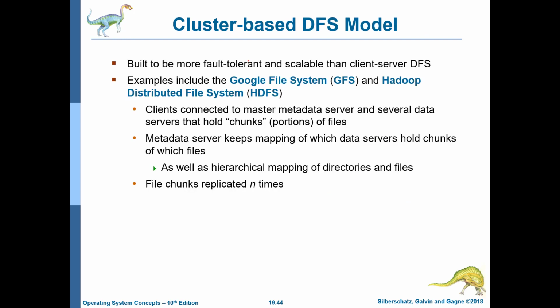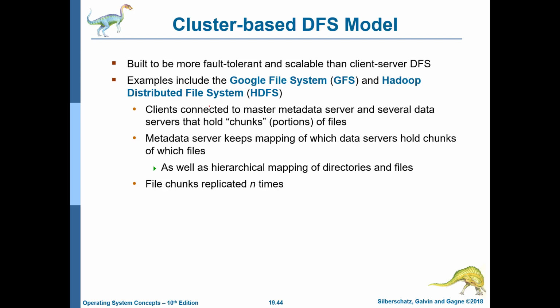So we can have a cluster-based distributed file system model, which is by design much more fault tolerant, much more scalable. So examples include the Google file system, which is of course large web scale for petabytes of data. The Hadoop distributed file system, which is again for large scale data oriented computing.